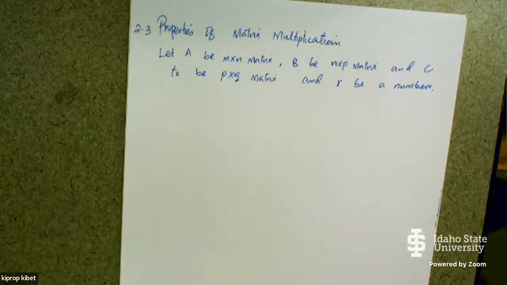We have those matrices there. So for A to multiply by B, the number of columns of A should be equal to the number of rows of B. For B to multiply C, likewise. The number of columns should be equal to the number of rows on the other side.